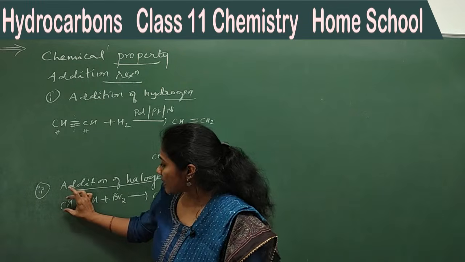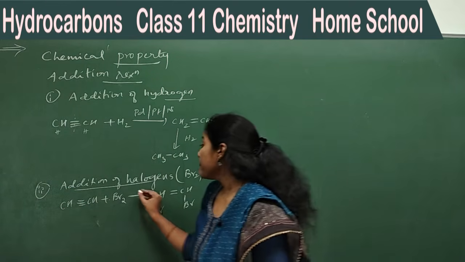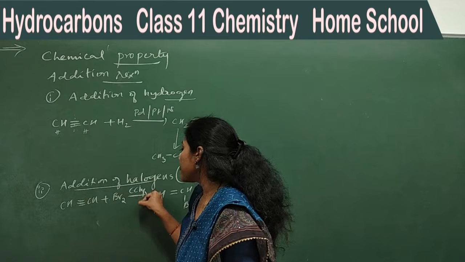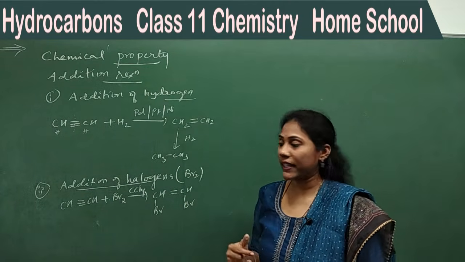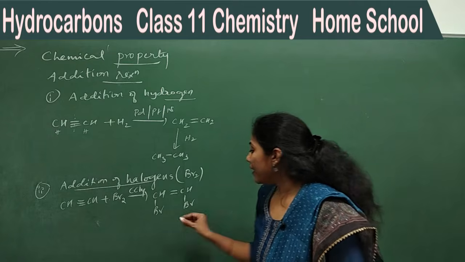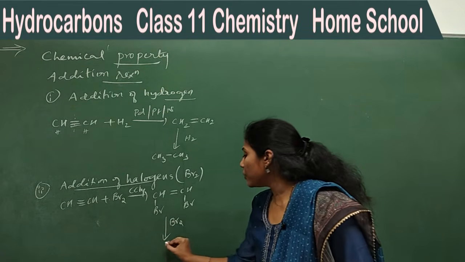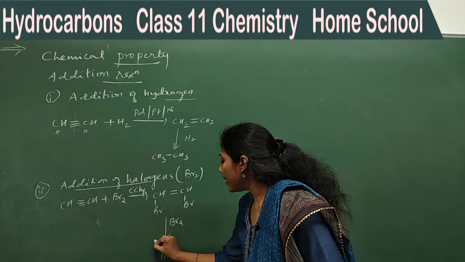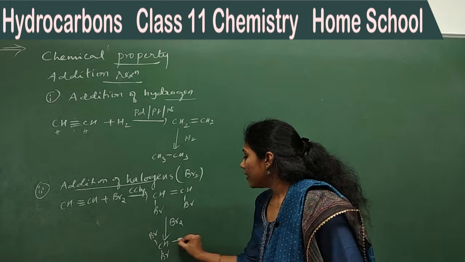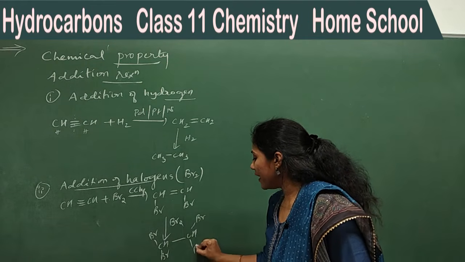One Br is added to one carbon, the other Br is added to the other carbon. And this reaction takes place in the presence of a solvent, CCl4, carbon tetrachloride, right? And again, on addition of one more molecule of Br2, you will get CHBr2-CHBr2, two Brs on this carbon also, right?